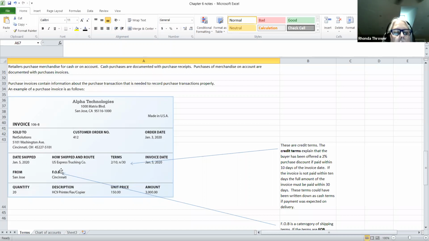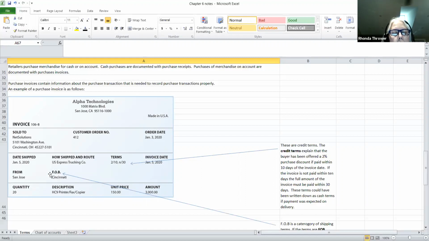Notice there's some terms on here that says FOB. Those letters stand for free on board. But really, these are shipping terms and there's nothing free on board. Sometimes it's referred to as freight on board, and I think that's probably a more appropriate name for it.